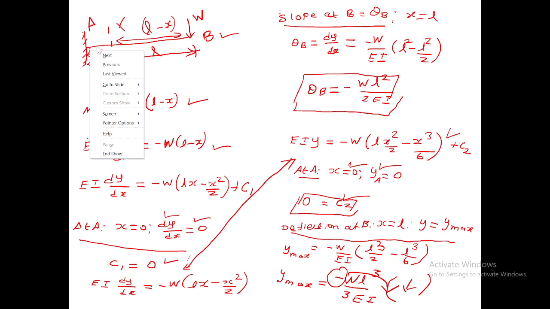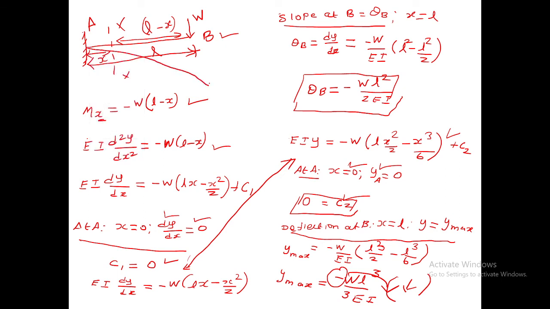The curve for deflection is A B dash. This is y max, the maximum deflection point.